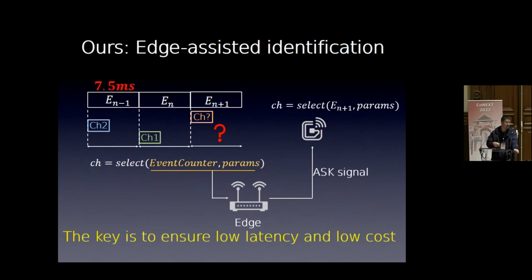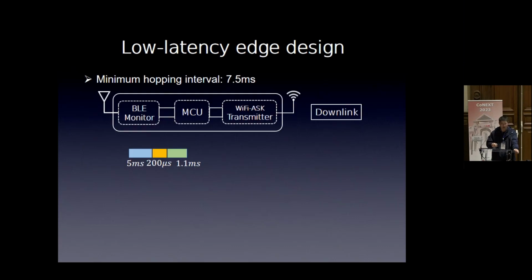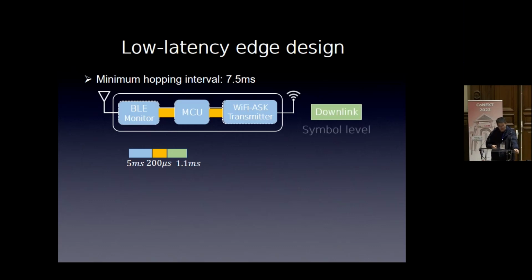The minimum hopping interval can be 7.5 milliseconds. So our edge must forward the frequency information within this interval. So we propose a low latency design that integrates commercial off-the-shelf chips.